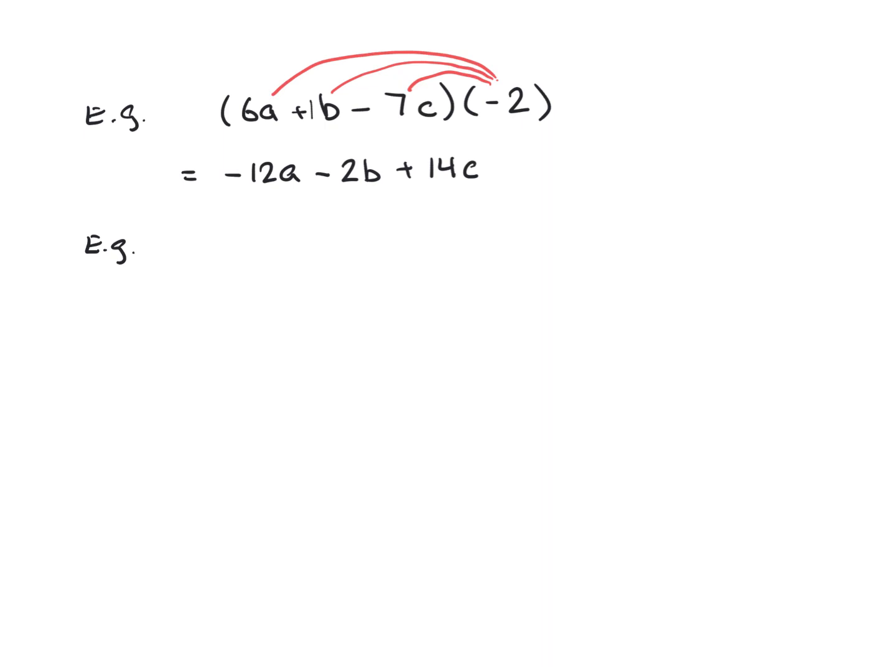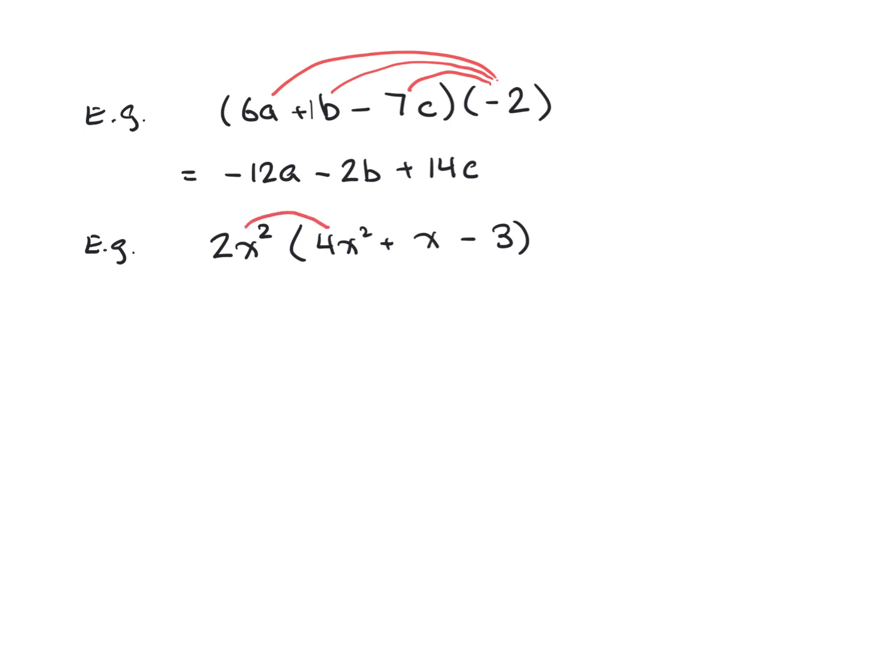Now we also don't want to forget our exponent laws. So here will be yet another example. Okay, 2x squared times, in brackets, 4x squared plus x minus 3. So again, we will apply the distributive property.